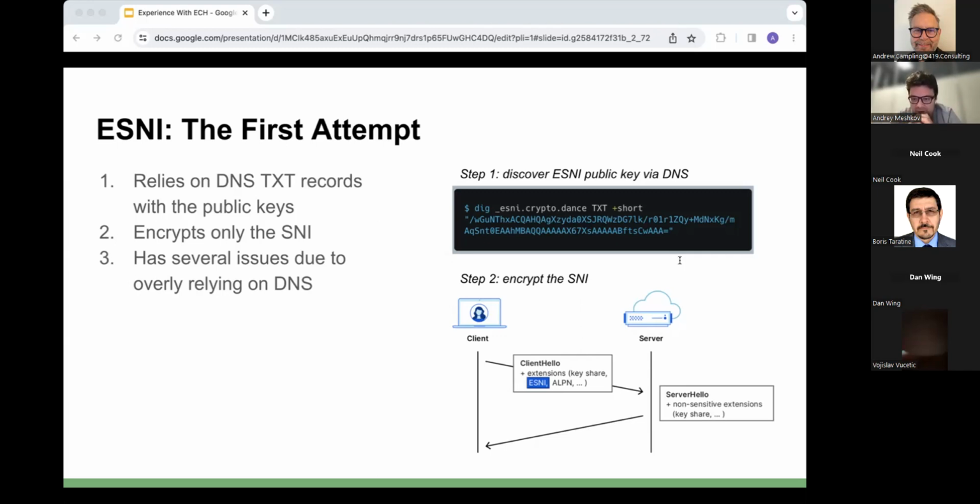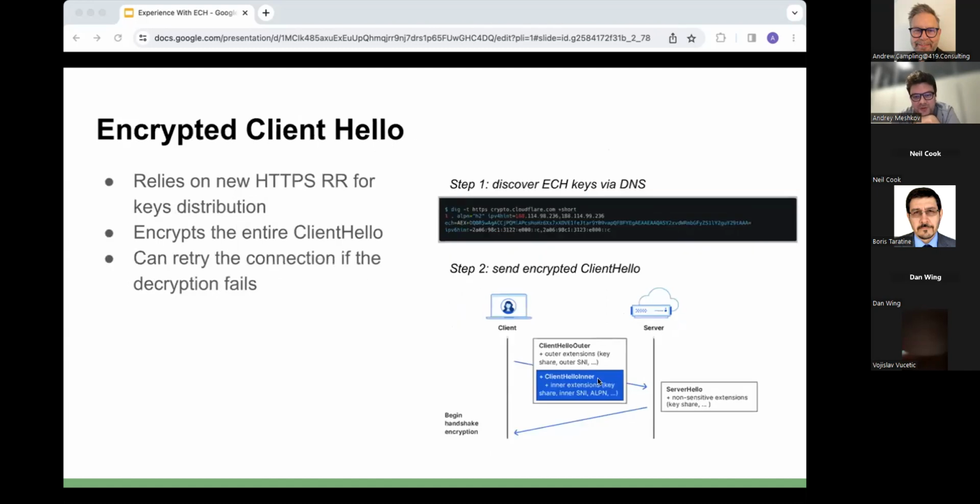But there's only one ESNI record for both of them, and it cannot contain both CDNs' public keys at the same time. So, well, there's just no way to solve this case. Despite all these shortcomings, ESNI was an important step forward, and it led us to Encrypted Client Hello.